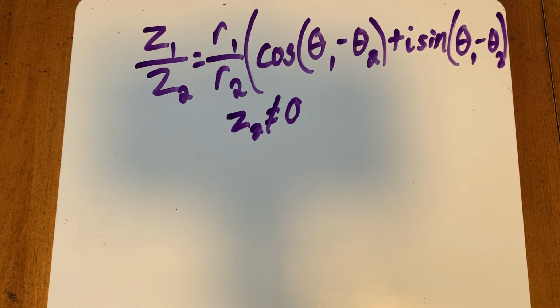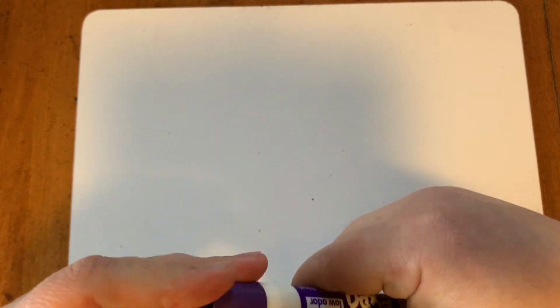All right, so we've got these two rules. Let's just try an example. Let's say that we had two complex numbers.